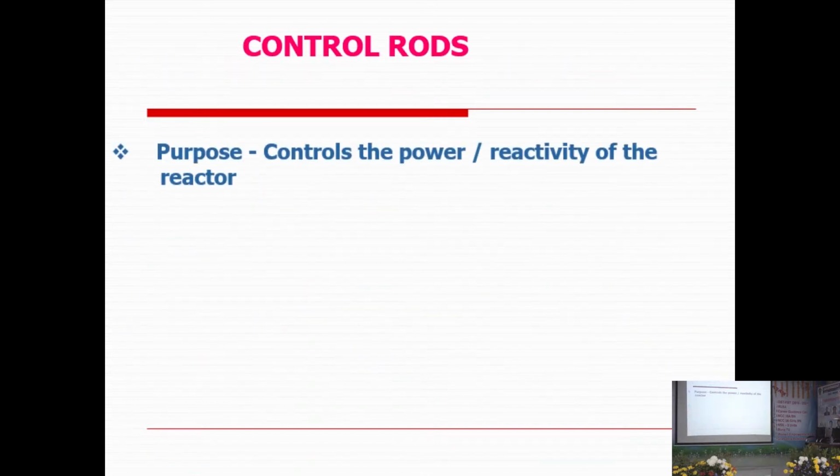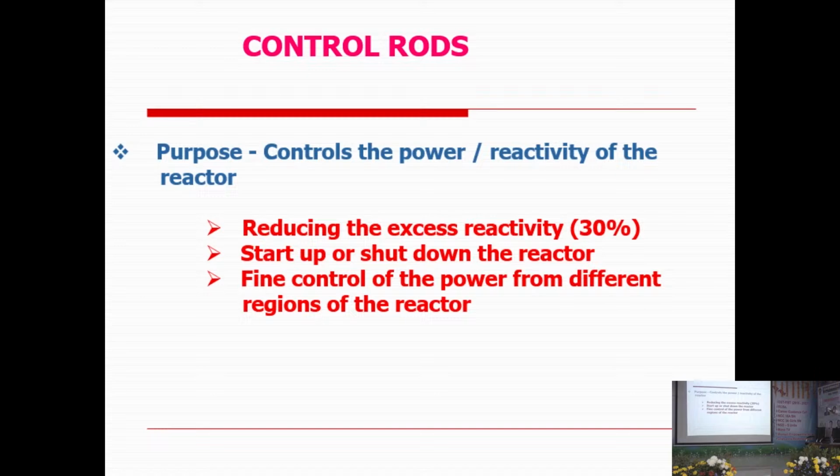The control rods: to avoid the criticality factor going more than 1, meaning it should not become supercritical, we have to use control rods. They reduce the excess reactivity, and are used to start up or shut down the reactor and for fine control of the power in different regions of the reactor.